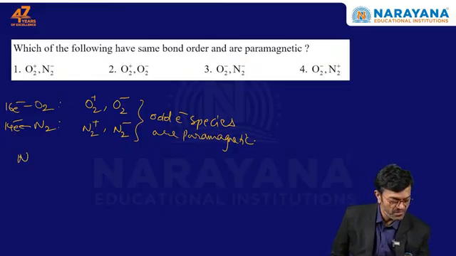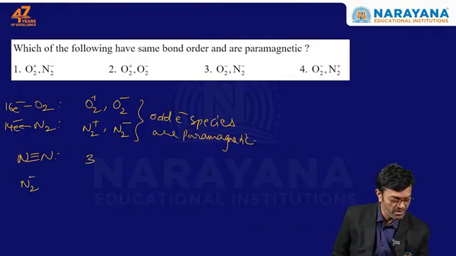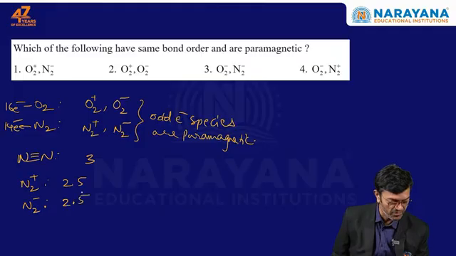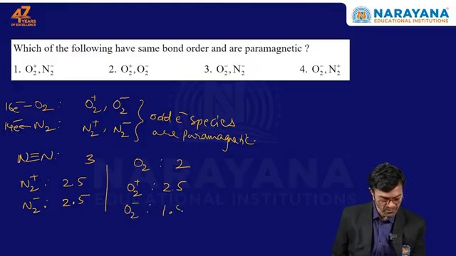N2 has a triple bond. So, its bond order will be 3. When you remove an electron, it becomes N2 plus, that is 2.5. When you add an electron, it becomes N2 minus, that is also 2.5. O2 bond order is 2. When you remove an electron, it becomes 2.5. When you add an electron, it becomes 1.5.